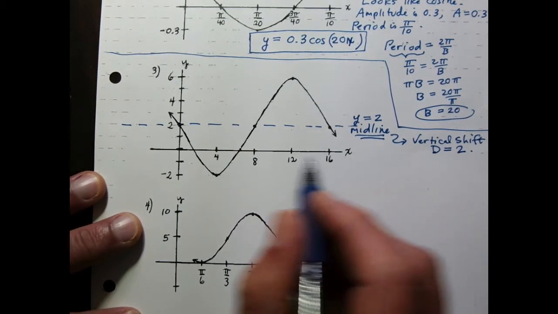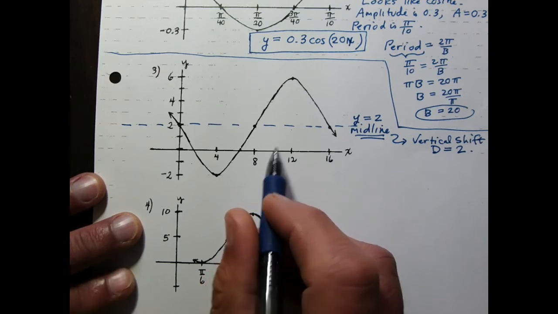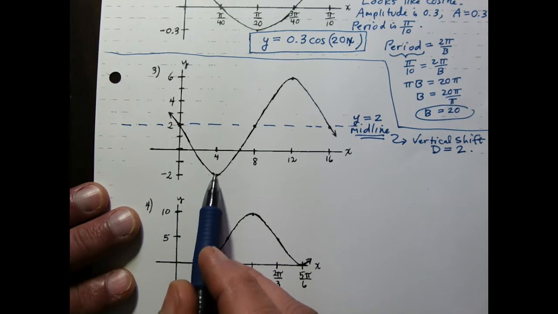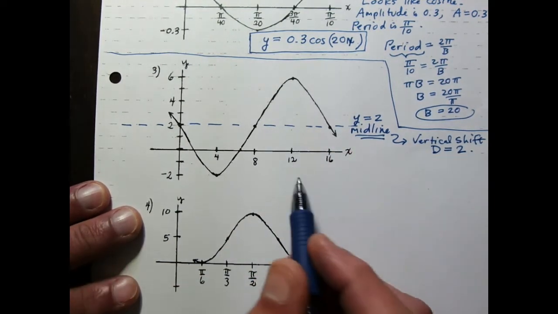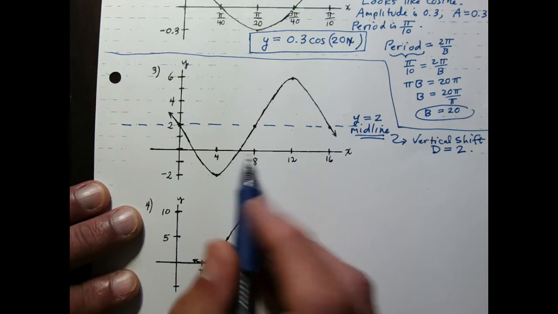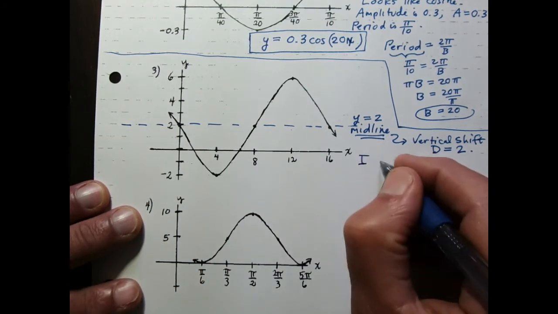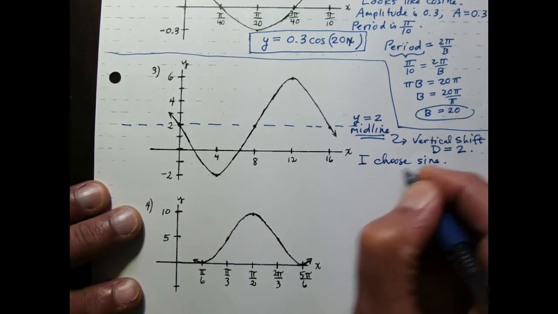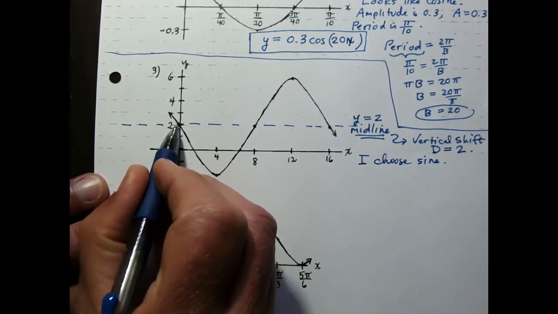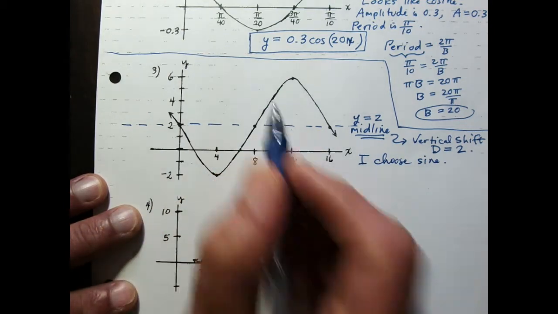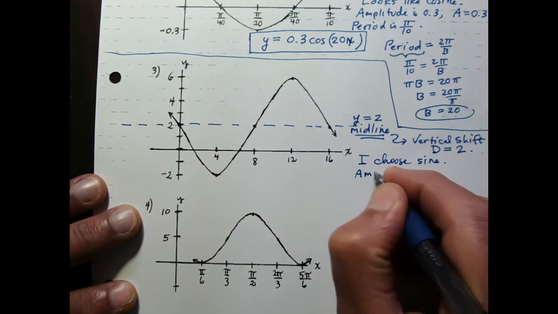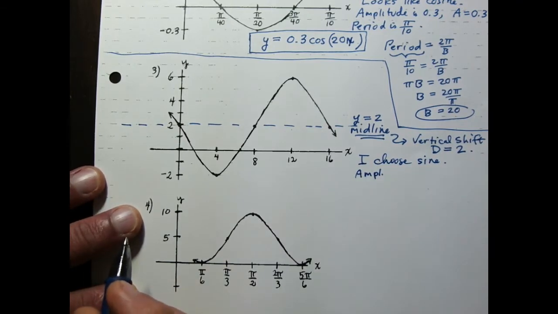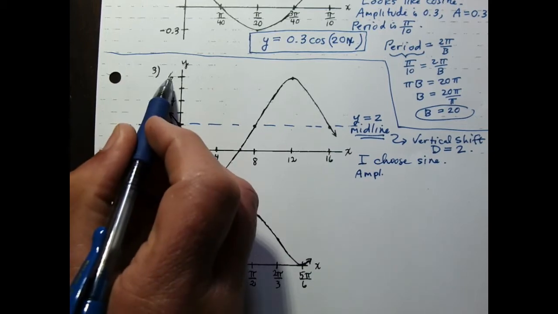And now, do I use sine or cosine? If I wanted to use cosine, I'd have to move over to 4 or over to 12. I'd have to have a phase shift. So I'm going to use sine. But because we start at the midline and go down and then up, what's the amplitude here, by the way? Let's do the amplitude first. The amplitude is not 6.